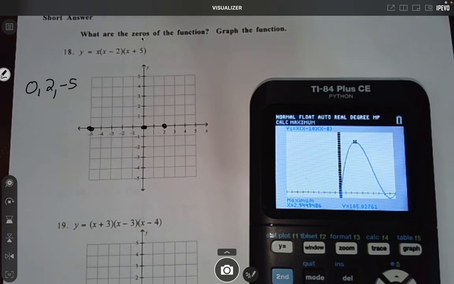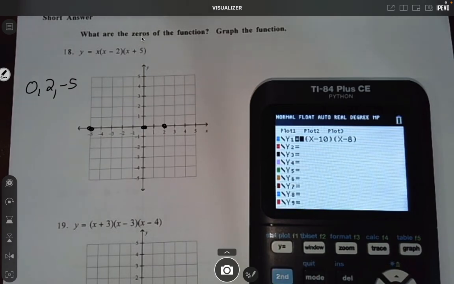Is everybody okay so far? That's what zeros are. Then what do I have to find? Just where the graph goes. I know it's going to just do some up and down curves. So I'll press y equals, and I've got x minus 2, and then x plus 5. Okay? Is everybody good with that?